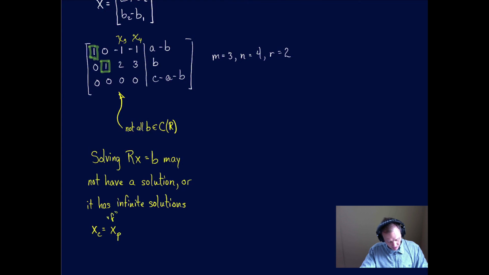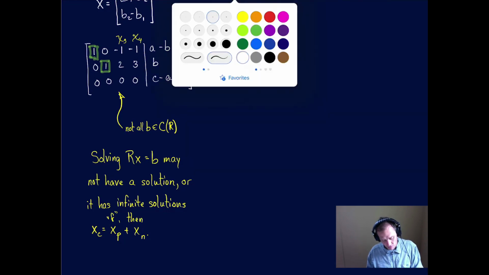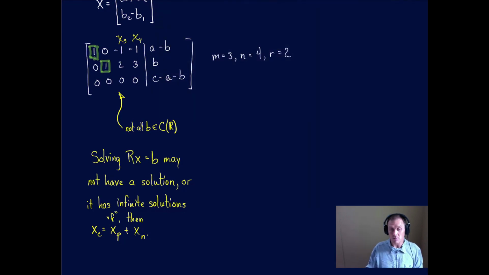If we have a particular solution, then our x complete has a particular component and it has a null component. And so this is a case where we've added a restriction. What do we have here? We don't have full row rank, we don't have full column rank, and we definitely don't have full rank. In this case, the rank is less than the number of rows, and the rank is less than the number of columns.